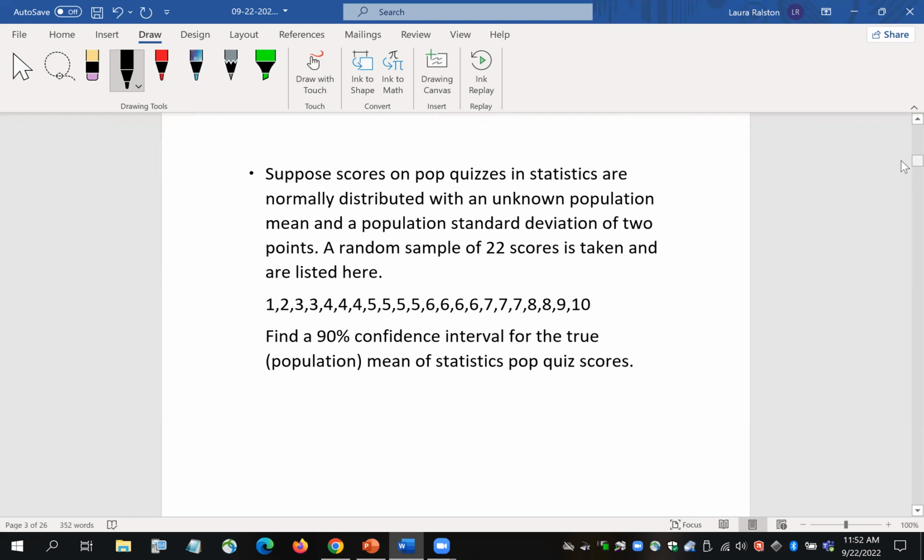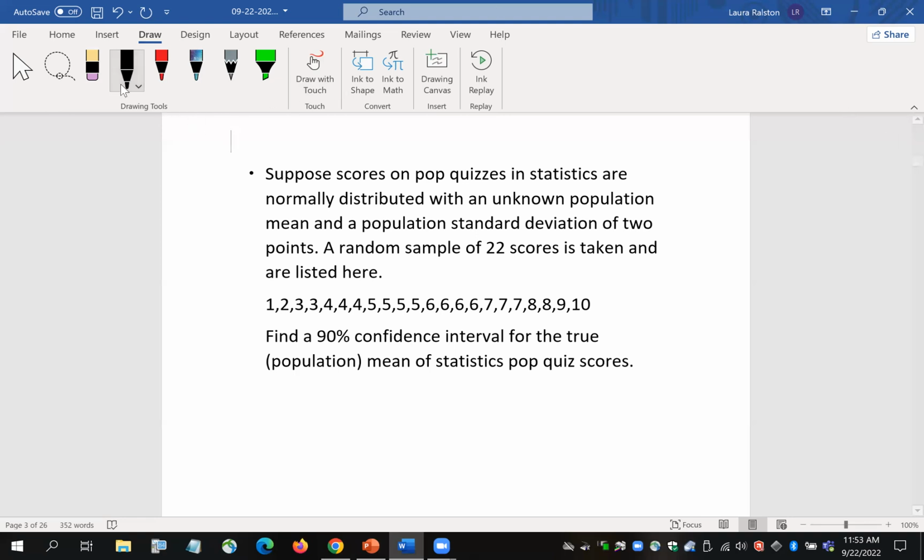It says, suppose scores on pop quizzes in statistics are normally distributed with an unknown population mean and a population standard deviation of 2 points. A random sample of 22 scores is taken and listed here, and they give you the list. Find a 90% confidence interval for the true population mean of statistics pop quiz scores.